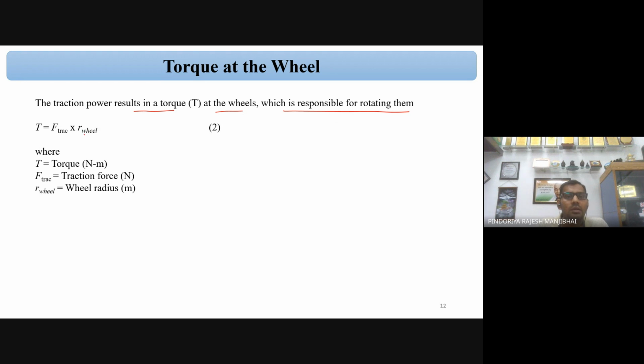So torque at the wheel is equal to the traction force into the radius of the wheel. What is the wheel radius? Maybe 1 meter, maybe 2 meters. Once we know the radius of that wheel, we can calculate the torque. So torque is nothing but force into the radius, the radius of the wheel.